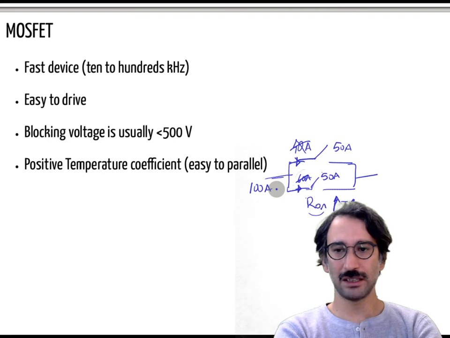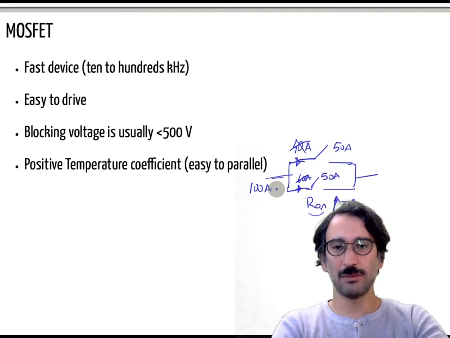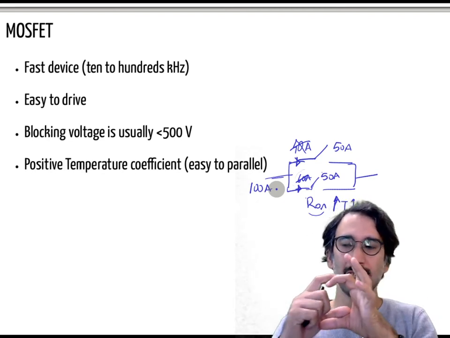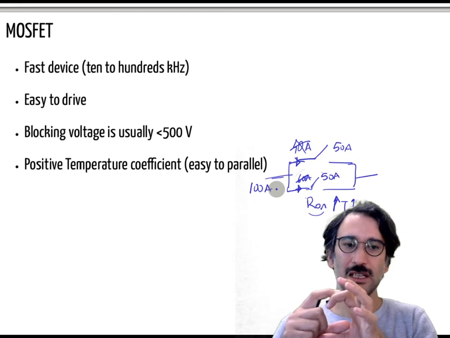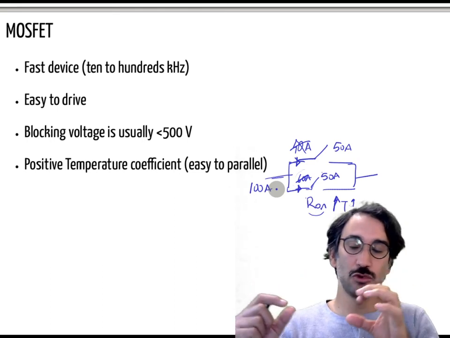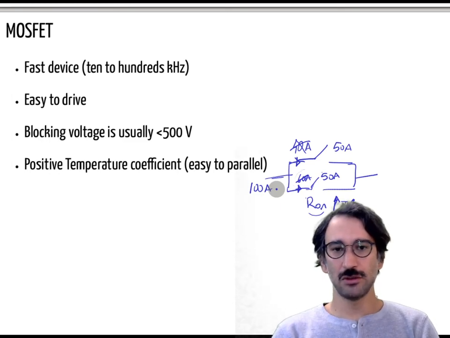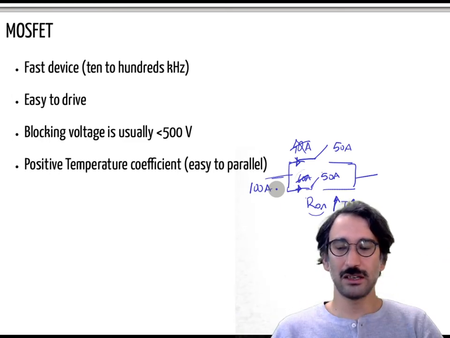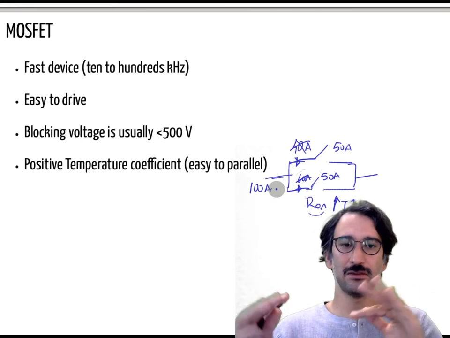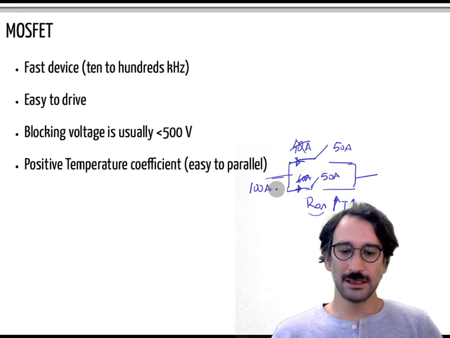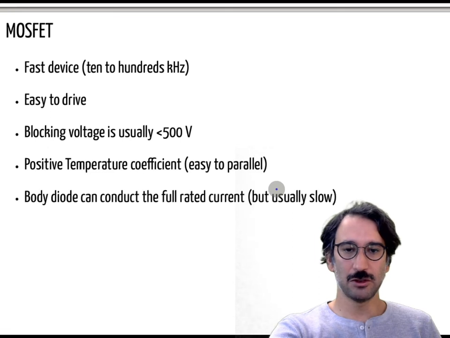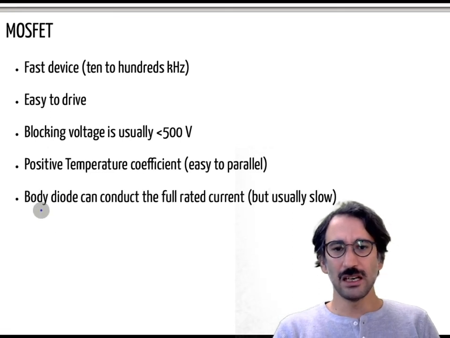And depending on your application, instead of using a single high power MOSFET, if you have two or maybe several MOSFETs in parallel, it is usually easier to cool them, because you are increasing your surface area, and it will be easier to dissipate that energy with parallel MOSFETs. And again, you have the body diode.